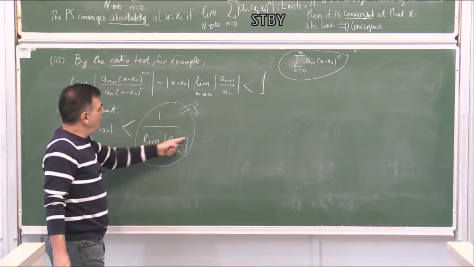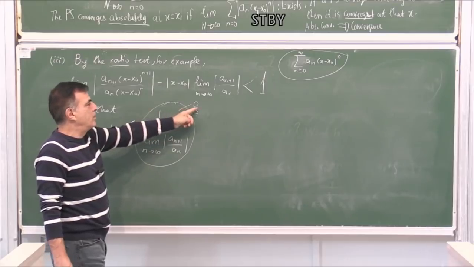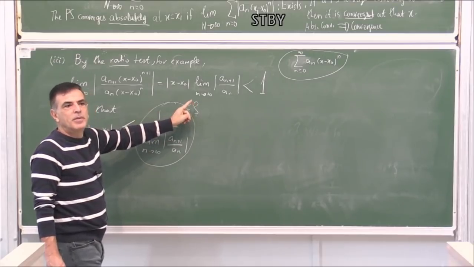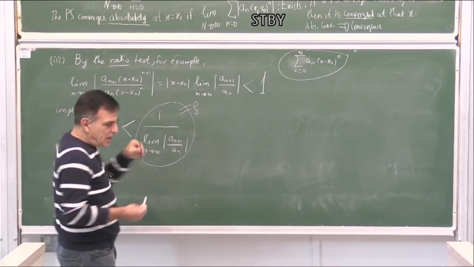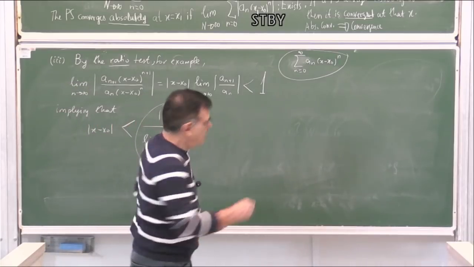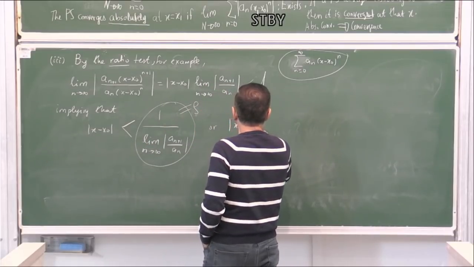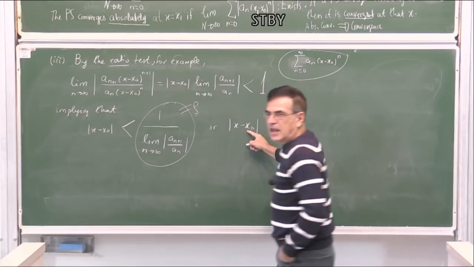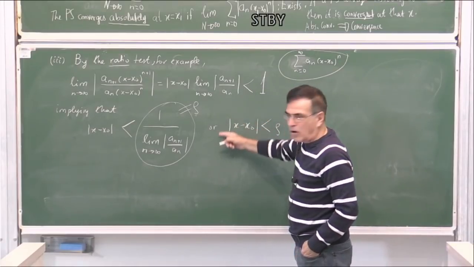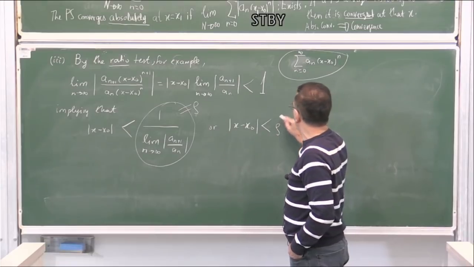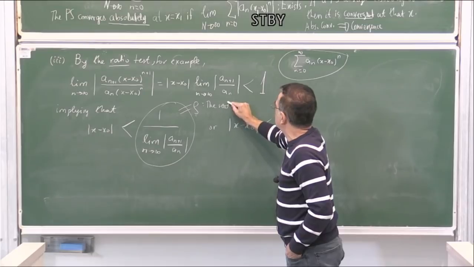Or if it is a finite number, then the reciprocal of that finite number implies that the radius of convergence is a finite number. But in any case, we express the x interval centered at x0 in this form, where rho is defined as the radius of convergence.